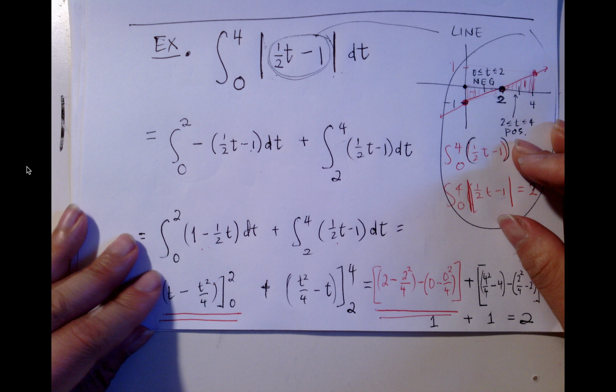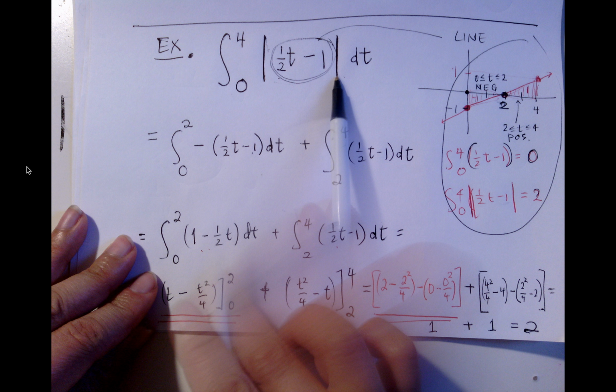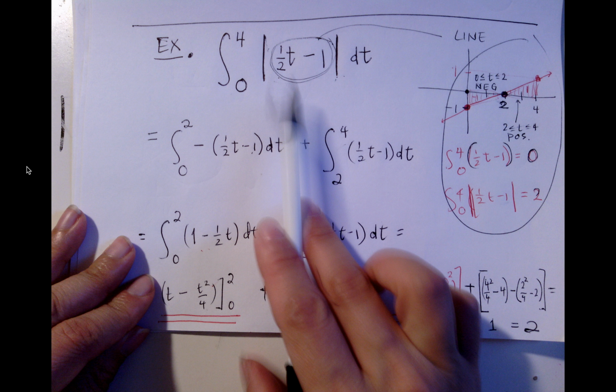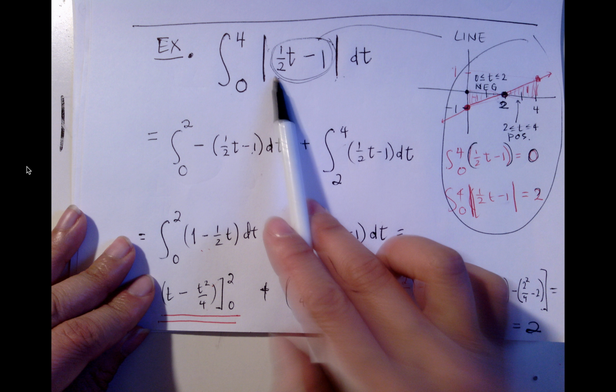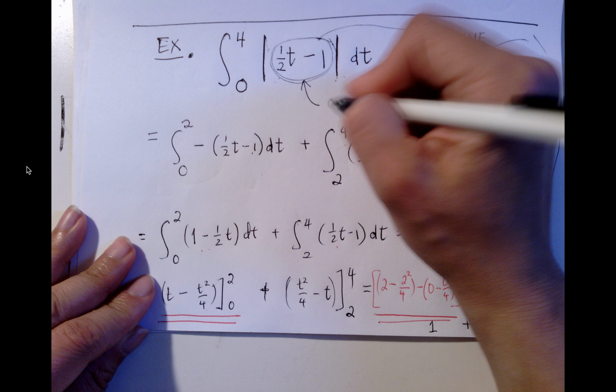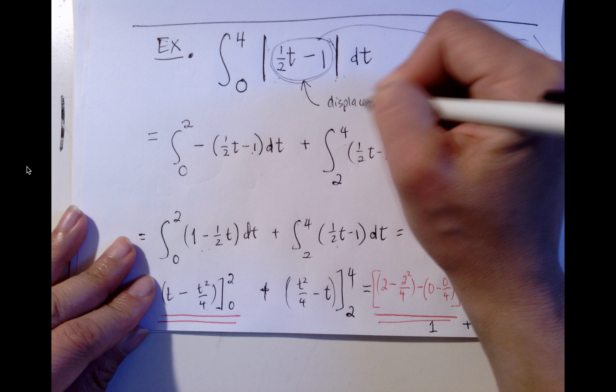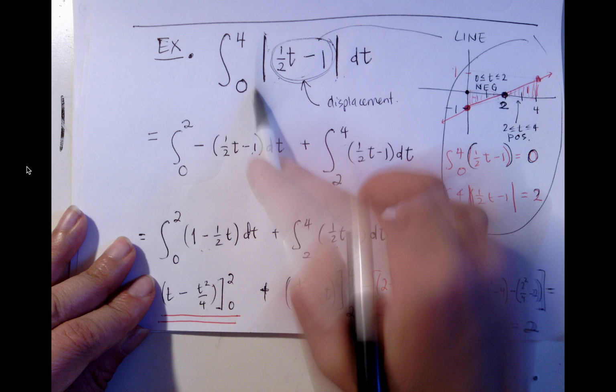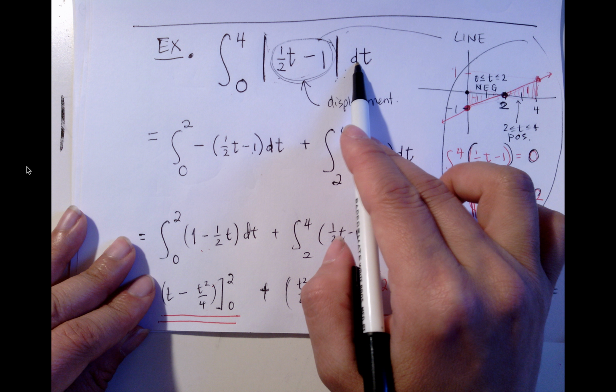So the key thing is that for absolute value integrals, you need to break them up into a collection of integrals. For example, if this function was velocity, then the integral of the absolute value would give us the distance traveled.